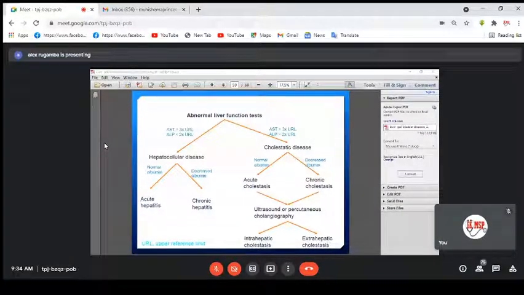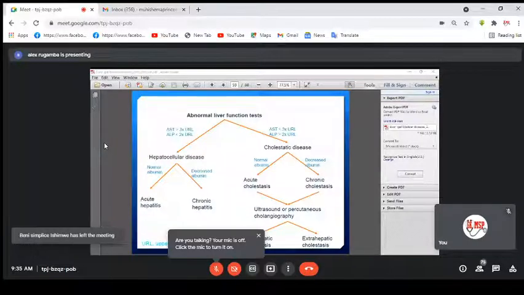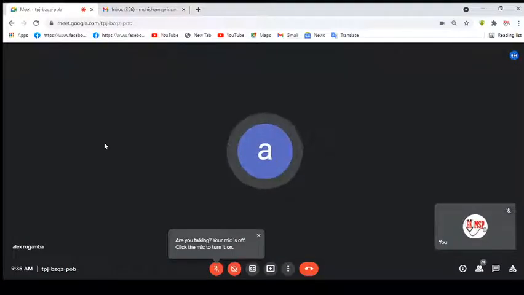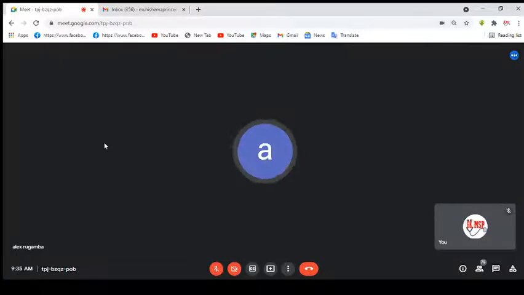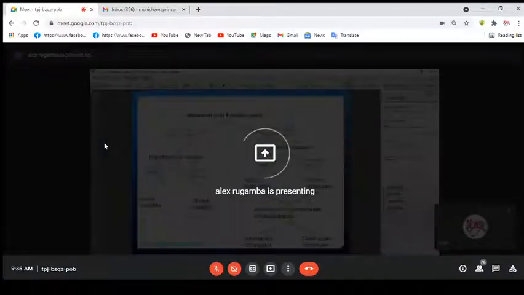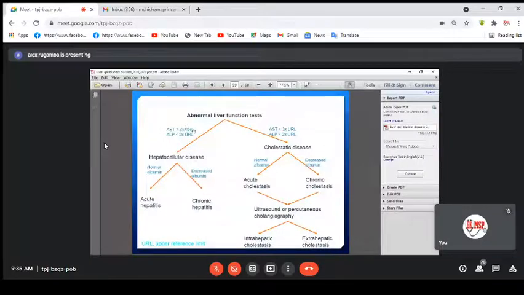Actually, I'm also not getting the meaning of this abbreviation. Let's have time and try to find what this is. Me also, I'm confused with the URL. But what it means is that once it is elevated, it will indicate hepatocellular diseases if it is greater than this one.